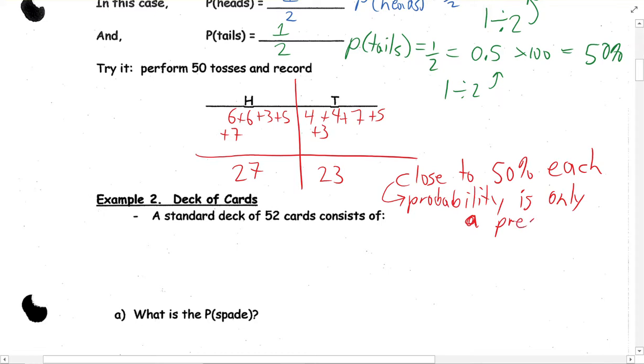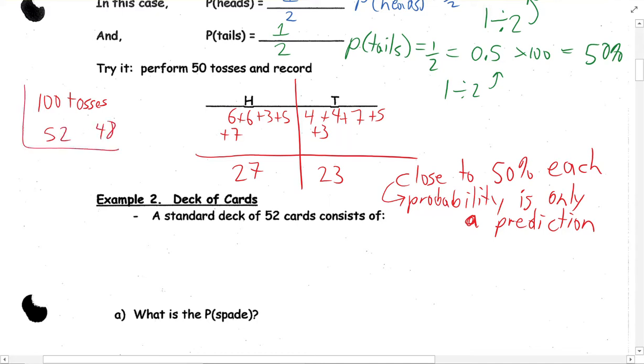Now, the more times we flip the coins, the more accurate we're going to be. So if we go to 100 tosses, guess what? It's going to be closer to 50%. So if we do 100 tosses, heads might catch up and it might pass, but it might be something like 52 and 48.